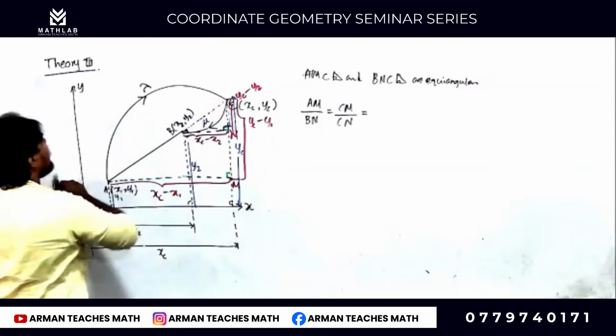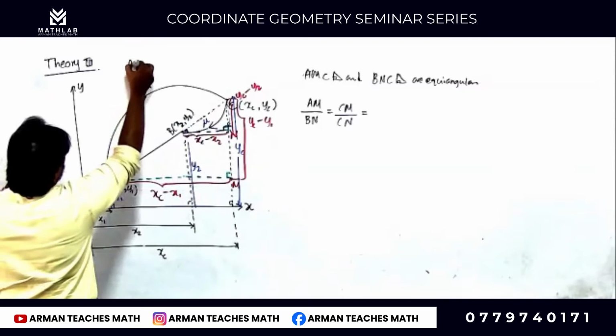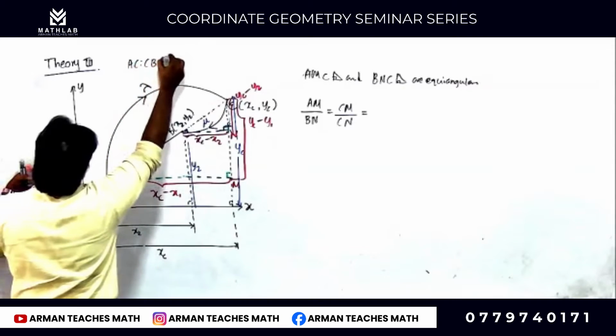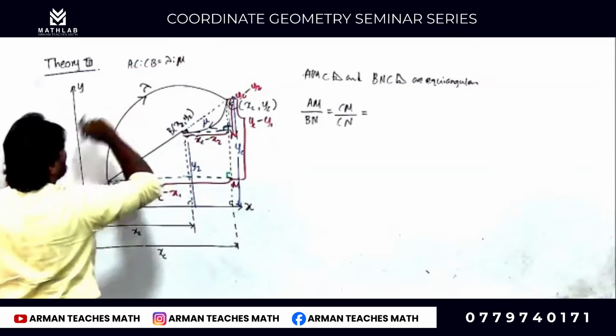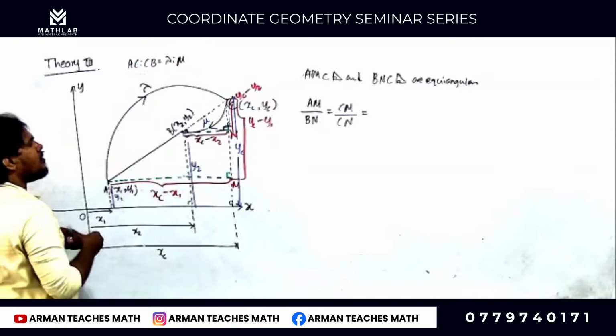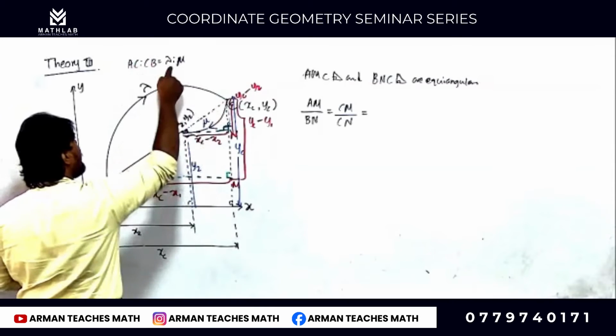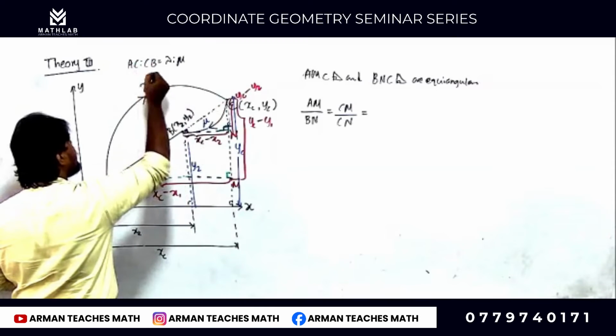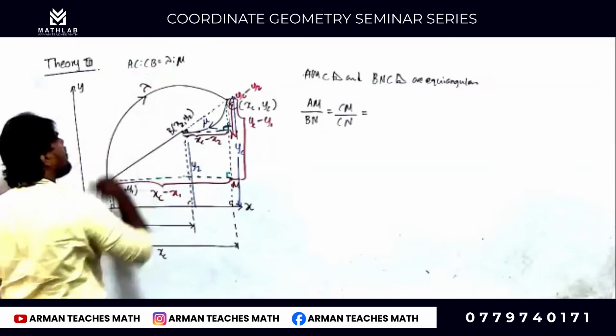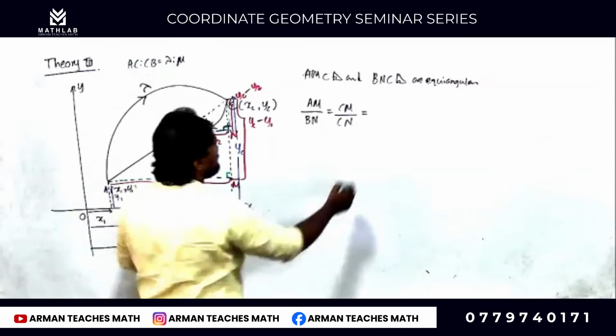AC is to CB ratio we know, right? AC is to CB is equal to lambda is to mu. But the C point is external. That's the only difference. But AC divided by CB means lambda divided by mu. AC is to CB means AC over CB. Lambda is to mu means lambda over mu. So we can take it as lambda over mu.